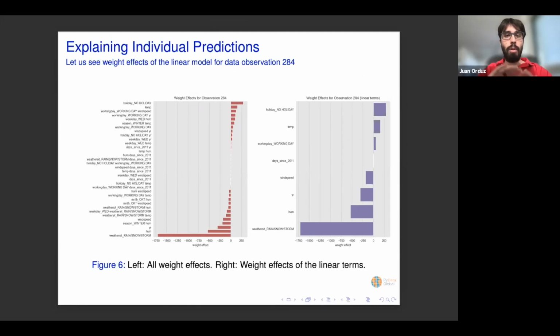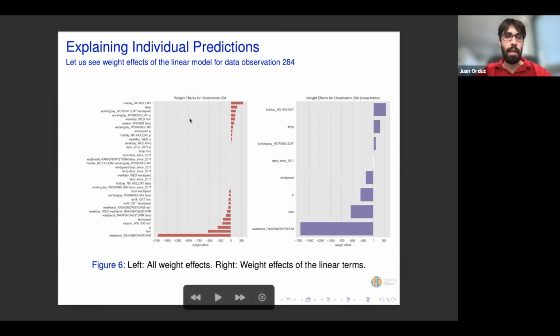Moreover, we don't need to go into just the aggregate feature importance, but we could actually, with the linear model, go very deep into looking at how predictions are generated for a specific data instance. So in Molnar's book, they take exactly this instance, 284, which is the index in the data frame, and here we see the decomposition of the prediction against the feature.